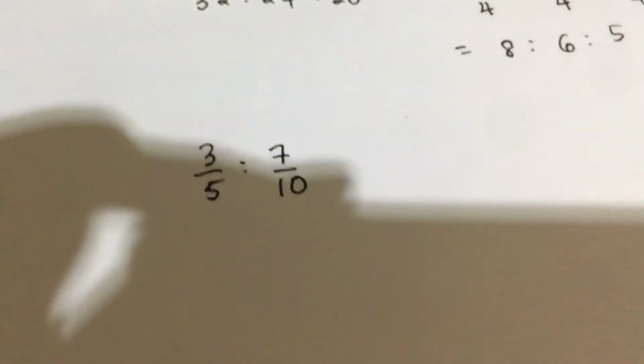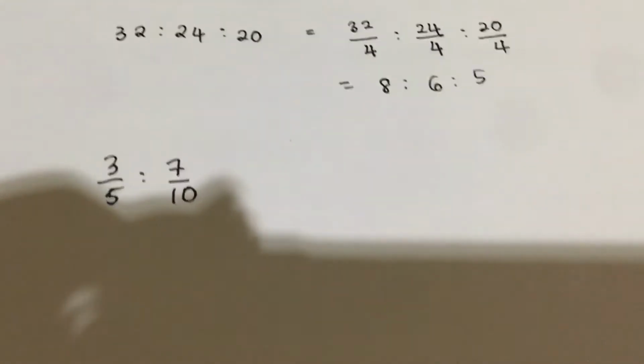Okay, now what if you have fractions? 3 over 5 to 7 over 10. When we have fractions, usually we will multiply with the LCM, the lowest common multiple. The LCM can also be found using repeated division. I hope you guys still remember. Let me show you.